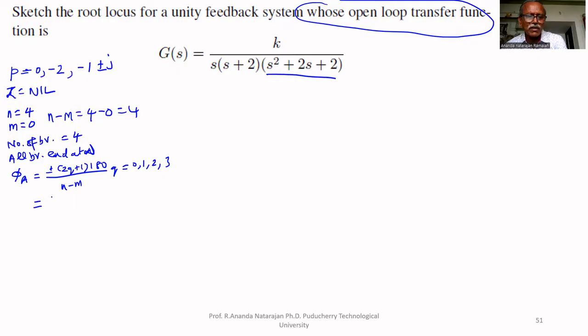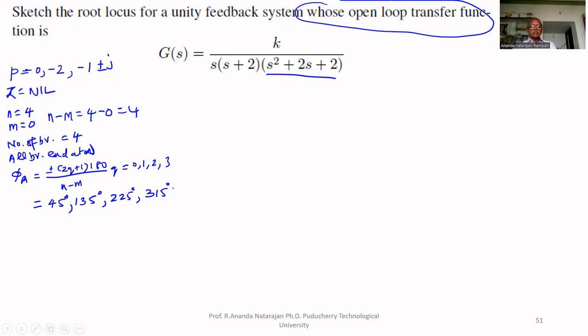We have to find 4 asymptotes. For q = 0, 180 divided by 4 is 45 degrees. Taking the positive values, q = 1 gives 135 degrees, q = 2 gives 225 degrees, and q = 3 gives 315 degrees.